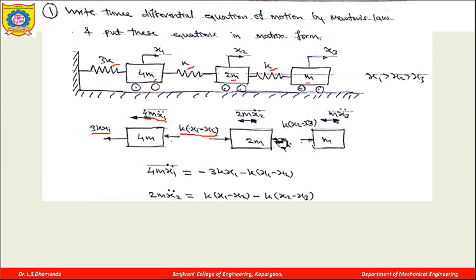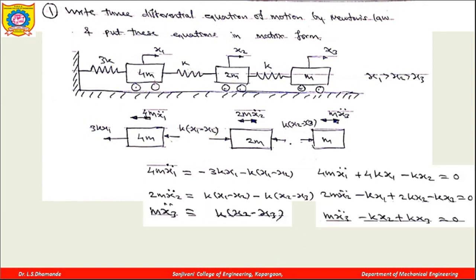So the equation becomes 2m into x2 double dot equal to k into (x1 minus x2) minus k into (x2 minus x3). Similarly I will draw the free body diagram for the third mass and write its equation: m into x3 double dot equal to k into (x2 minus x3). Now I will simplify these and get the equations.